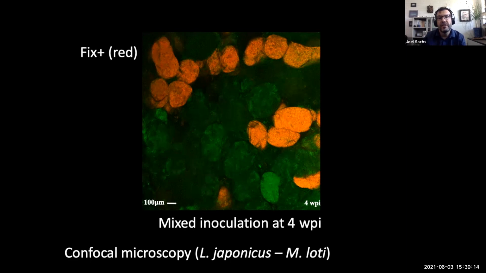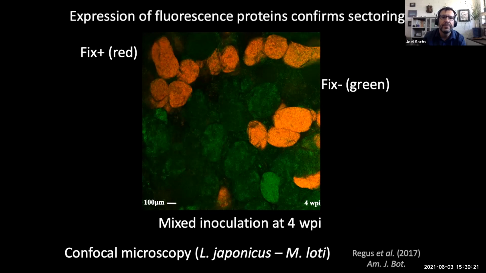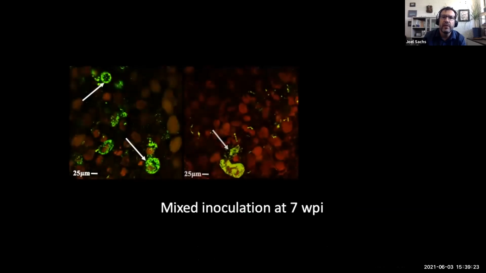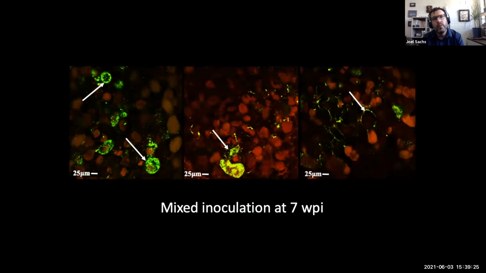So there's the nitrogen fixing strains in red and the non-fixing strains in green. All right, so here's later on during the process, and what we can see is the same sectored appearance. A subset of plant cells are infected with a fix minus strain, but in all cases, those cells infected with the fix minus strain are rapidly undergoing senescence, and indeed, they're even releasing some of those fix minus rhizobia into intracellular space as those cells are rupturing.